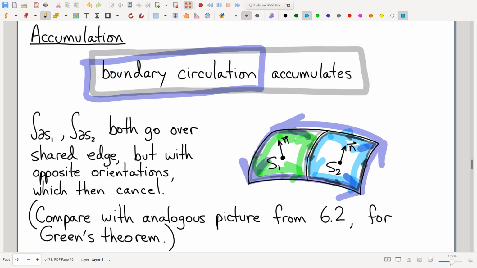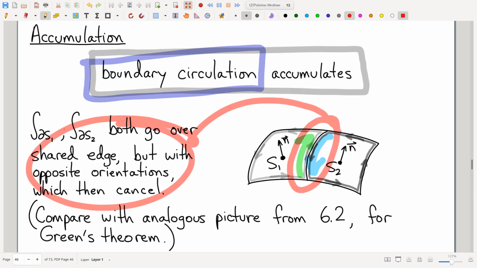But again, very important to keep in mind it's much safer to use the right hand argument because clockwise, counterclockwise is perspective dependent, per this example of how my finger is moving right here. Okay, so as usual, we see that it all cancels except for these two in the middle, and these two in the middle have opposite orientations, and so they cancel, and so we win. This is really very similar to the analogous picture that we draw in 6.2 in developing Green's theorem. It's really very much the same kind of theorem.